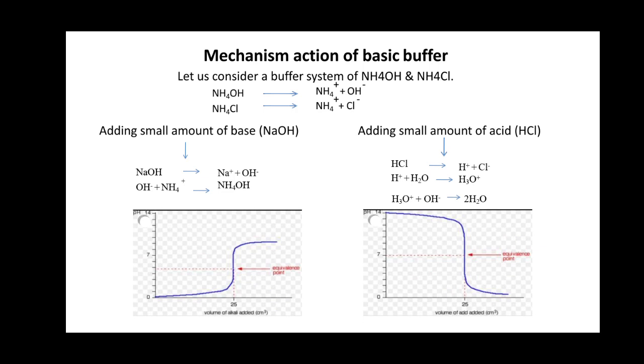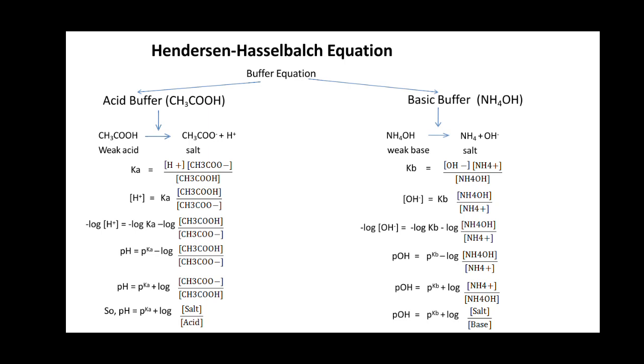When adding a small amount of an acid, that is HCl, it gives H plus and chloride minus, as we know, and these H plus ions react with the water molecules to form H3O plus, and later these H3O plus react with the hydroxyl ion to form water molecules. So this is the mechanism of acid and basic buffer.